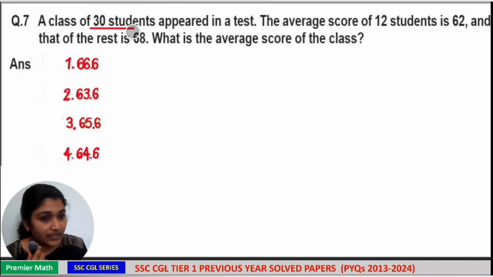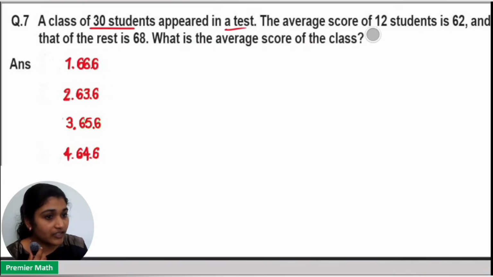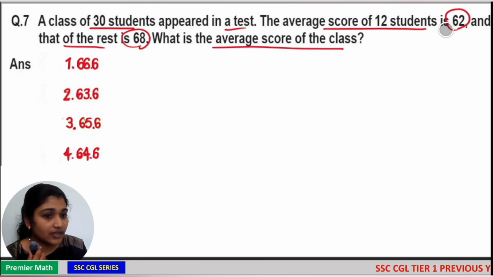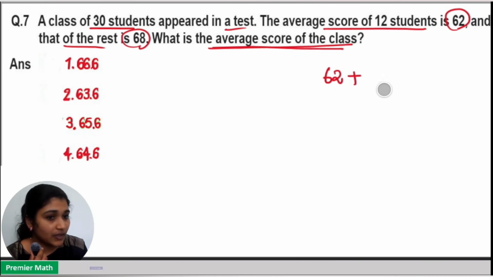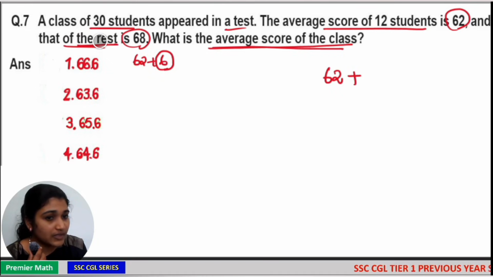A class of 30 students appeared in a test. The average score of 12 students is 62 and the rest is 68. What is the average score of the class? Here take the common average among 62 and 68, which is 62, and here we are taking the average of the whole class, total average. So add plus. Now the 68 means 62 plus 6, so this extra 6 in average is for the rest of the students, means 30 minus 12, 18 is the rest of the students.